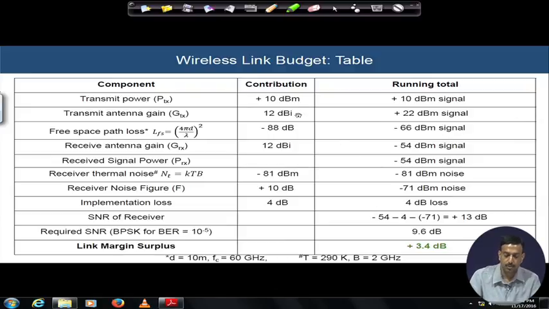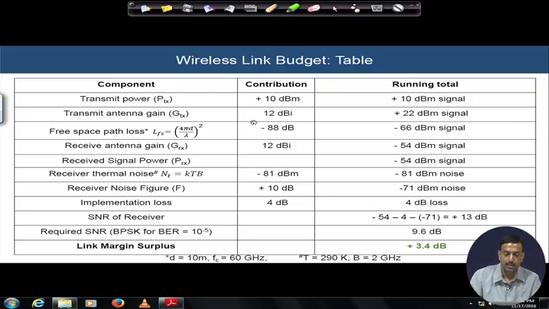So this goes to show how antenna gains can be crucial in this kind of link where the propagation loss is pretty high, and it also highlights the importance of beam forming, where you can harness the antenna gain in order to improve the signal power.